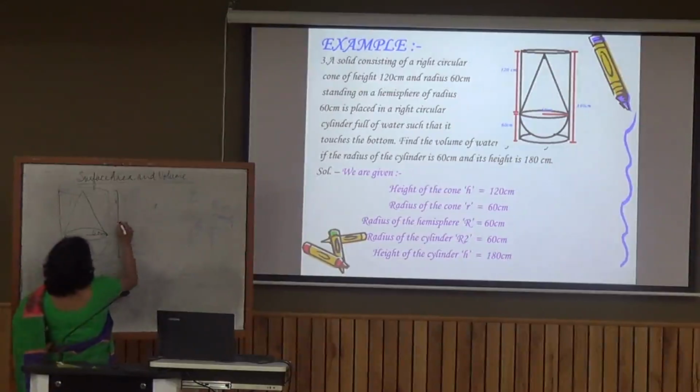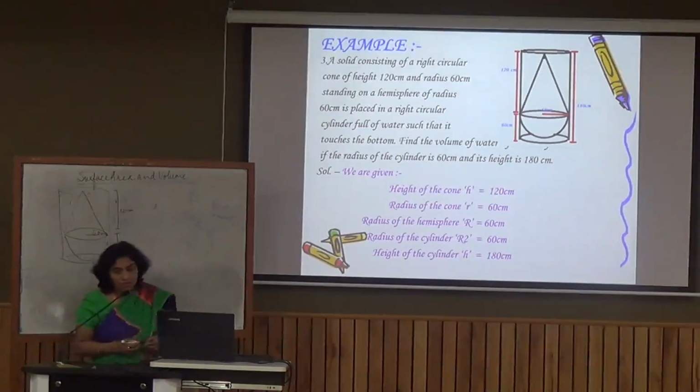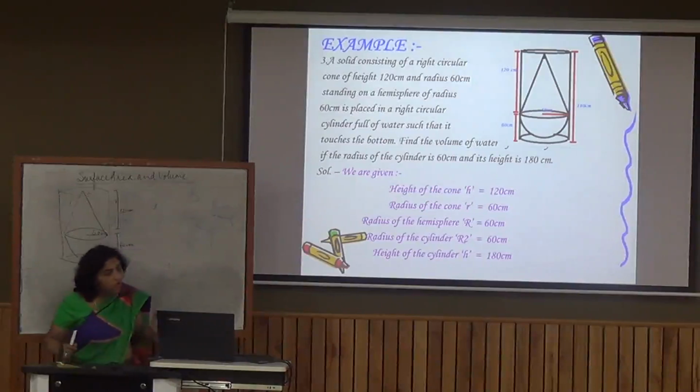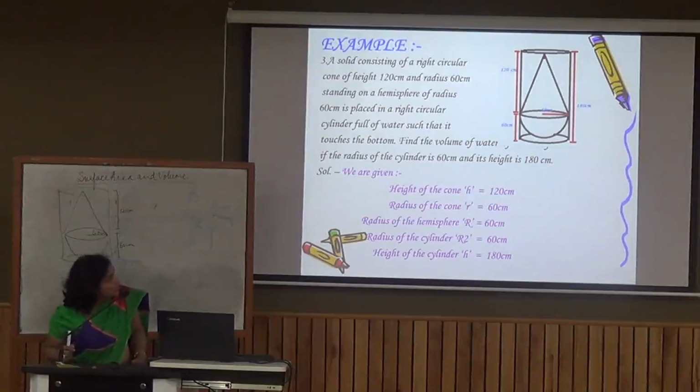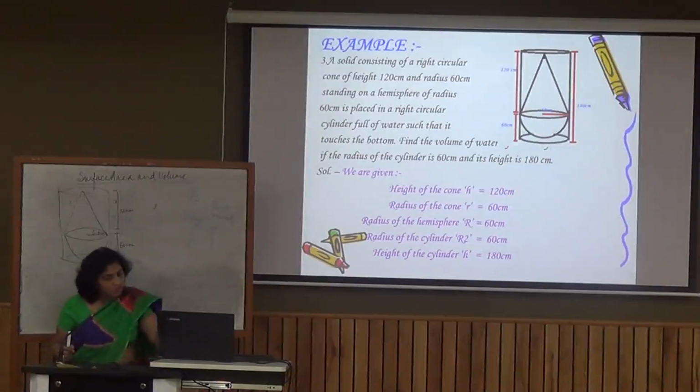So the height of the cone remains 120 centimeter. Here the height of the cone is 120 centimeter. Radius of cone and hemisphere both is 60 centimeter. Height of hemisphere is 60 centimeter. Total height of cylinder is 180 centimeter, and because it is just immersed in, the radius of the cylinder is also 60 centimeter. Now we have to find the volume of water.